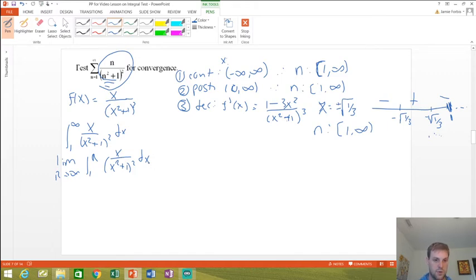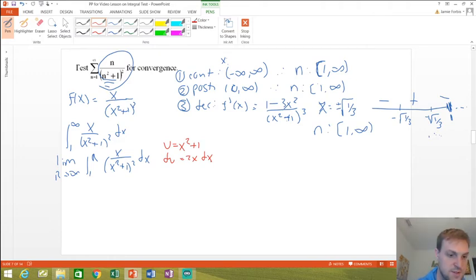I'll go through the whole thing. To integrate this, you let u be x squared plus 1, so du is 2x dx.